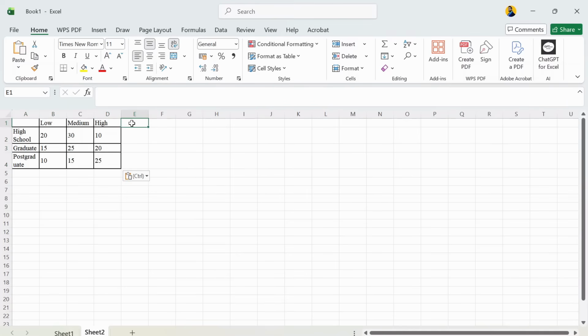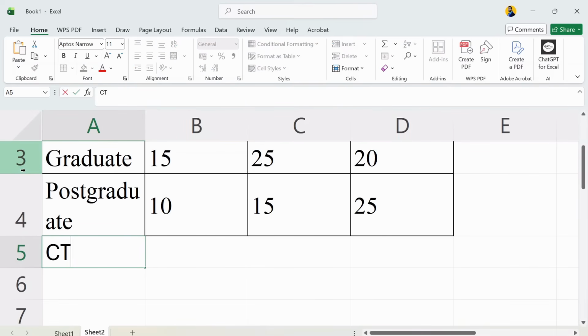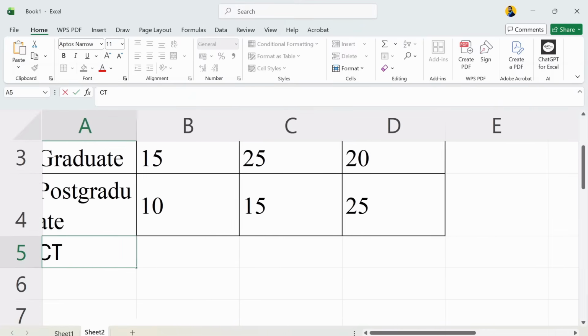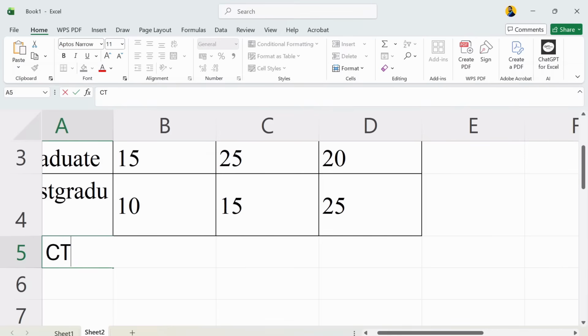For the chi-square, first we have to make sure that we have our row total and column total. So I will write row total and I will mention column total, right? Now, next we will simply do the totals. As you can see, first we will click on the table to find the sum.